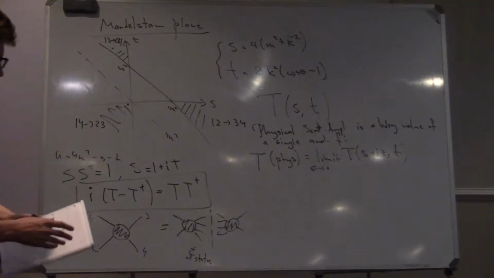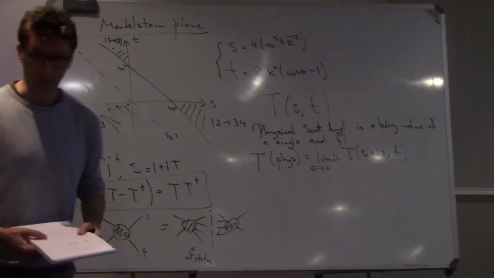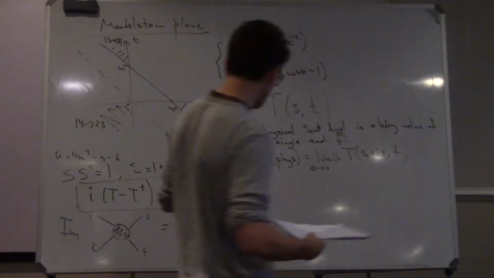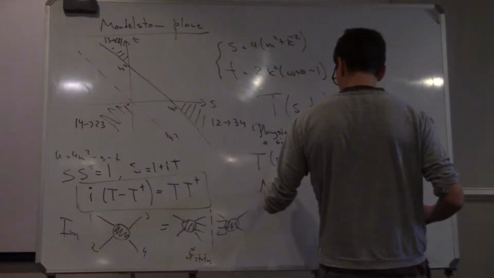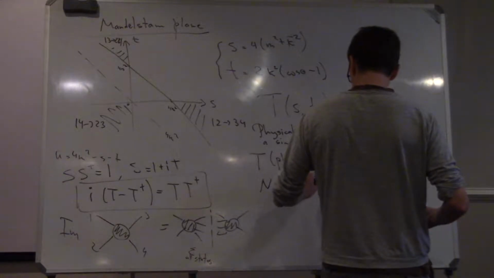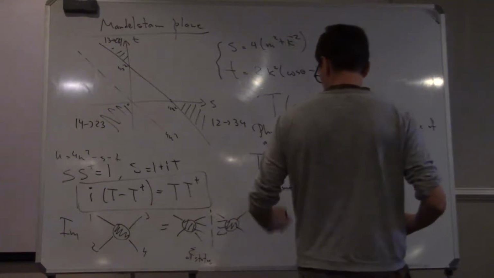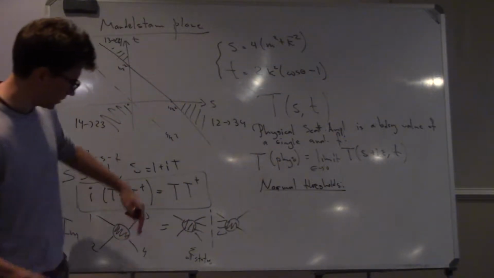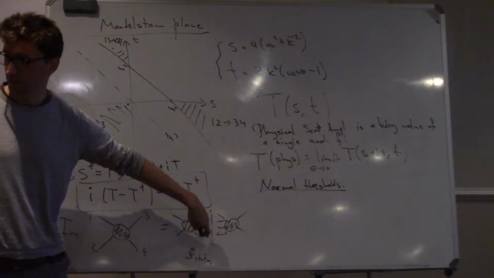So now from here you immediately derive the notion of a normal threshold. Normal thresholds are simply the S for which you have enough energy to create, let's say, this number of states.